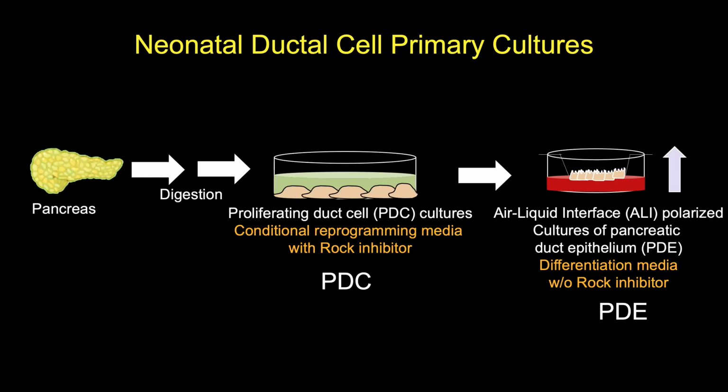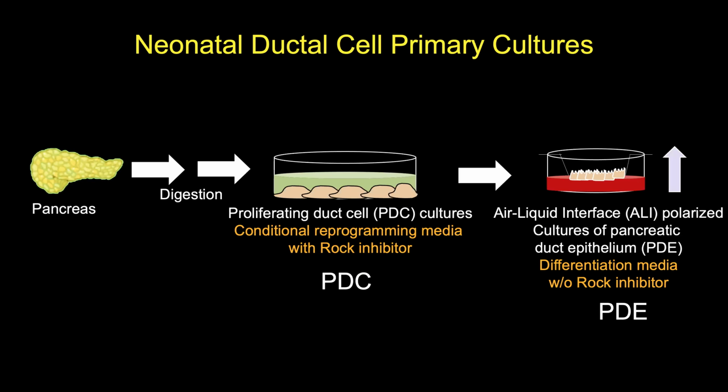Now, in order to evaluate this, we developed an in vitro ductal primary cell culture system. We harvested pancreas from wild type and CF ferrets in the neonate stage, digested them, and produced long-term proliferating ductal cell cultures in conditionally reprogramming media.